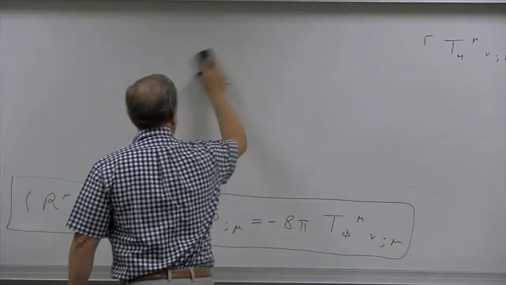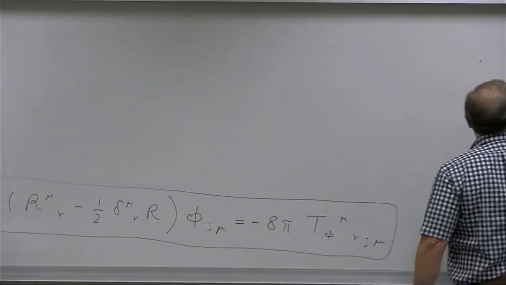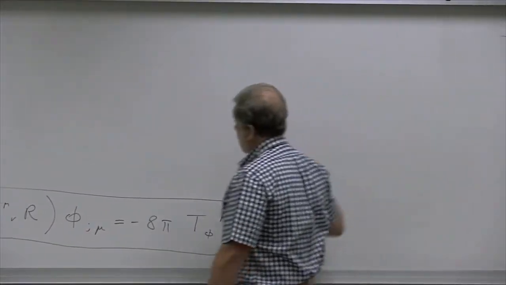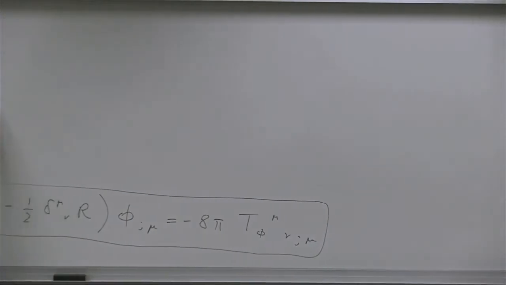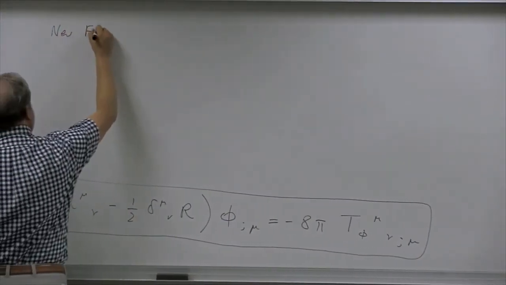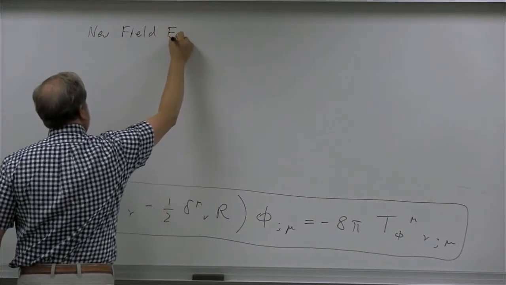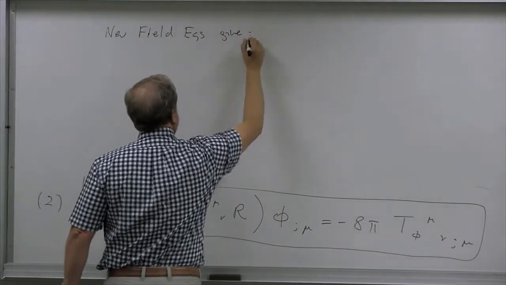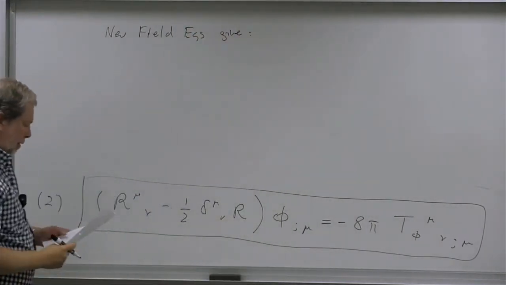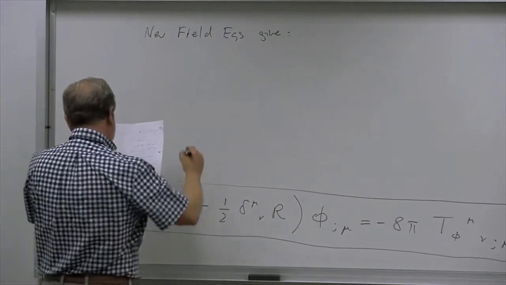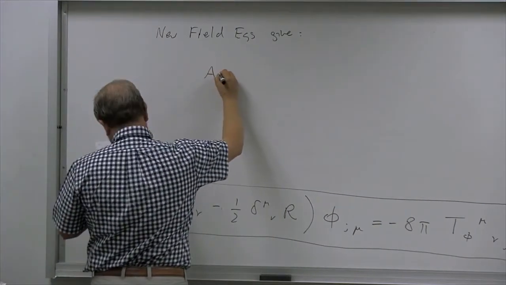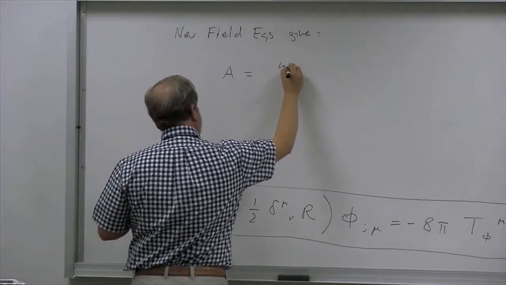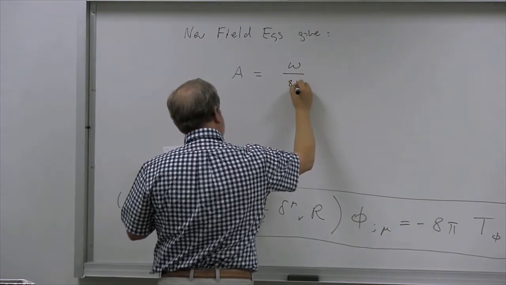So the field equations, the new field equations, give that for those 4 arbitrary functions, we have A is equal to omega divided by 8 pi phi.